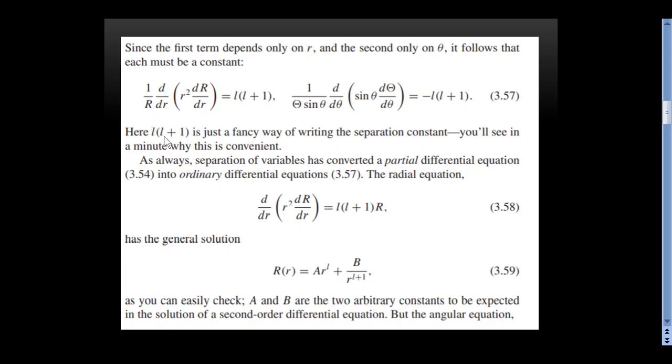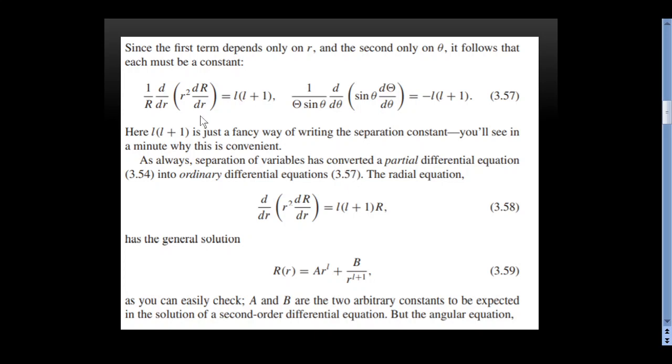Here L into L plus 1 is just a fancy way of writing the separation constant. You shall see in a minute why this is convenient. As always, separation of variables has converted the partial differential equation 3.54 into ordinary differential equation 3.57.